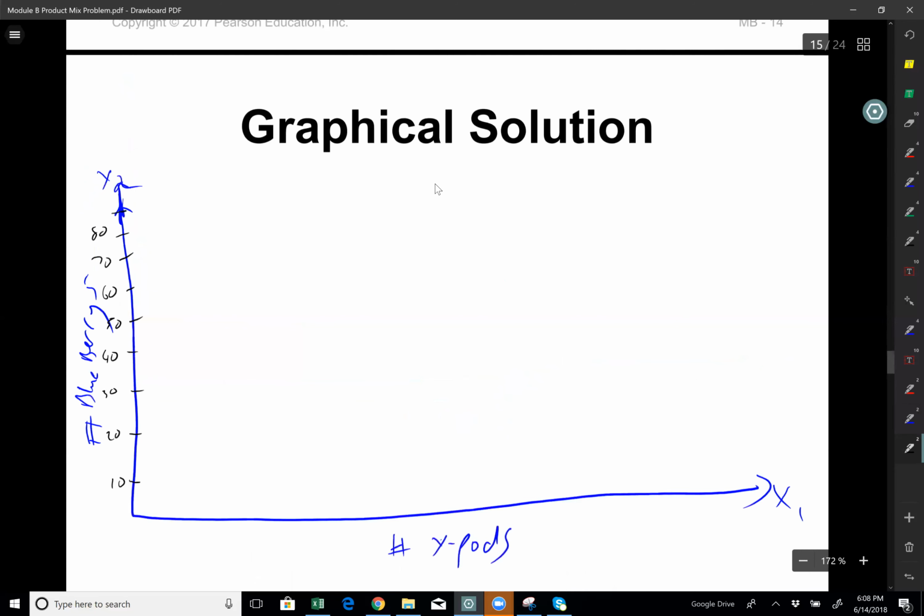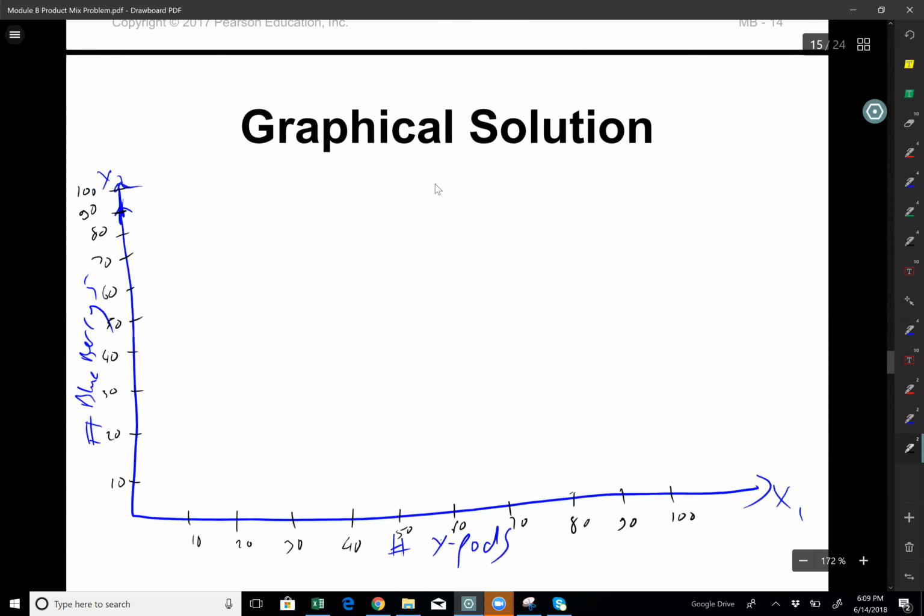So obviously it's not proportional, 90 and 100. I want to do the same thing here, 10, 20, 30, 40, 50, 60, 70, 80, 90, and 100.